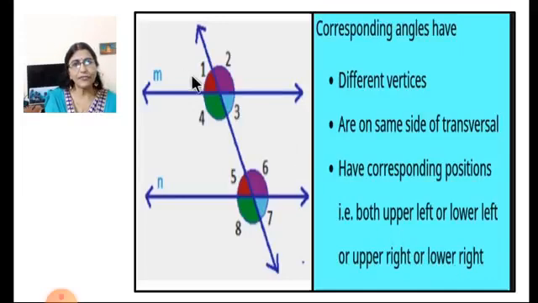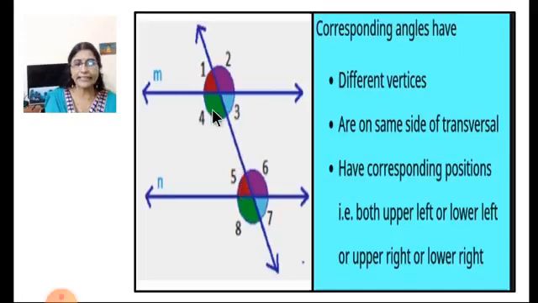So if you are taking this angle, it is on which side? It is on left side. This is the upper side and this is the lower side. So it is on upper left of the transversal. So we'll take this angle which is corresponding to angle 1. It is also on upper left side of the transversal. So we can say angle 1 is corresponding to angle 5 in this figure.